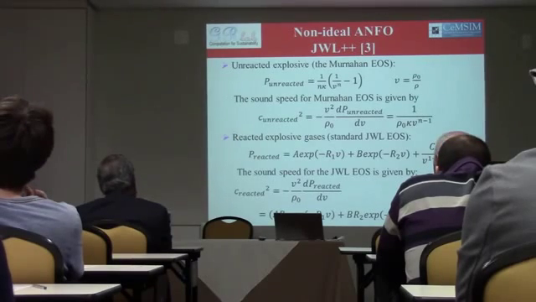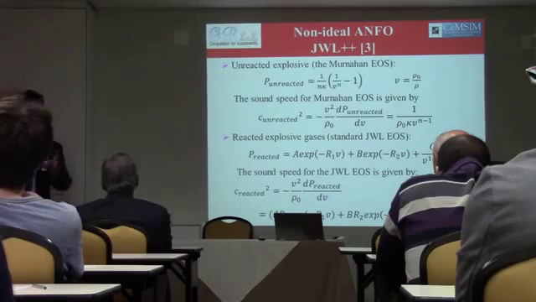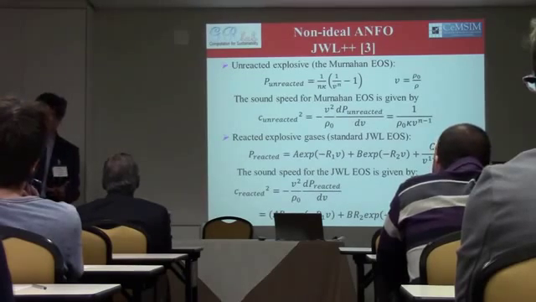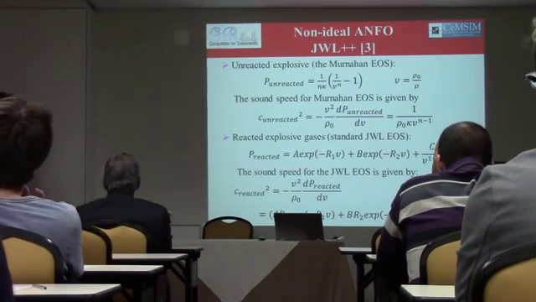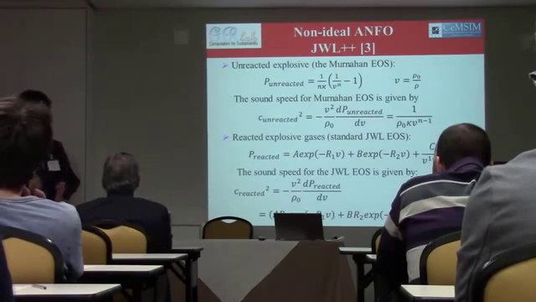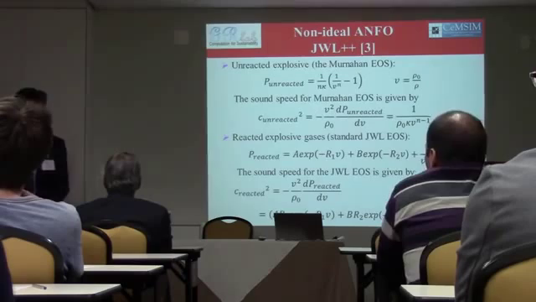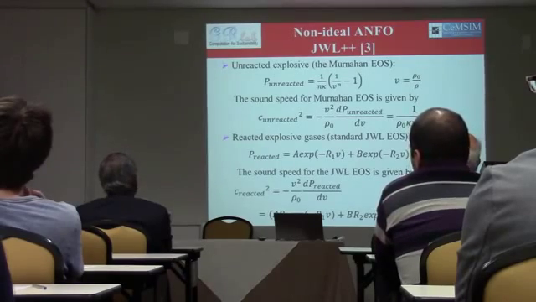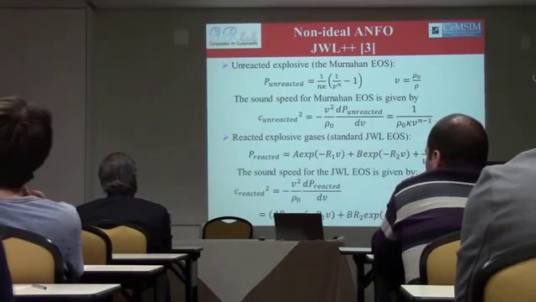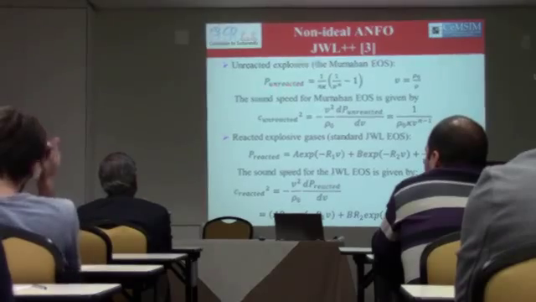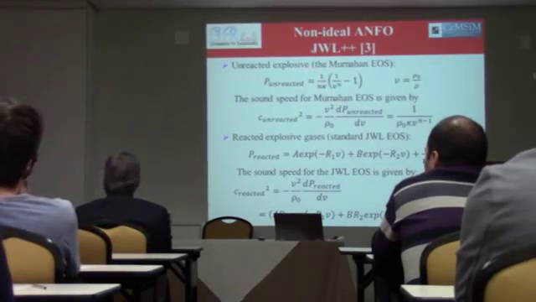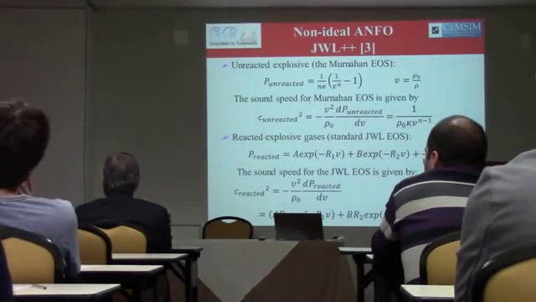In that process, you have to consider that some of the material is not reacted, some is already reacted. So you have a mixture of reaction in your entire domain, which is why it becomes a little more complicated. You have an equation of state for unreacted explosives and reacted explosives.